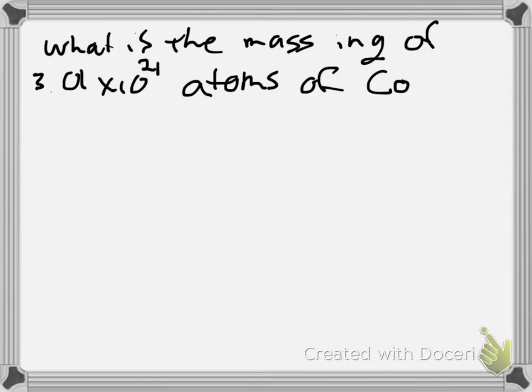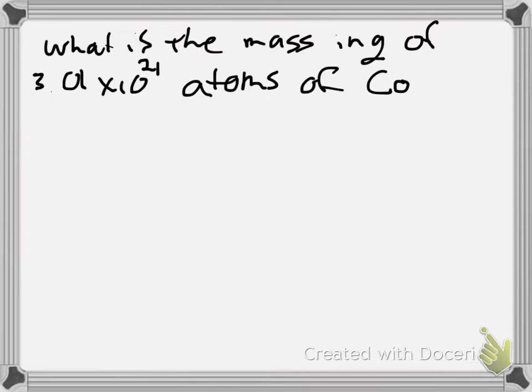So notice here we are going from atoms to mass in grams, and that is not a single step problem. There is no direct conversion for us between number of atoms and mass in grams. We have to go via the center point of moles. So we need to convert from atoms to moles and then from moles to grams.